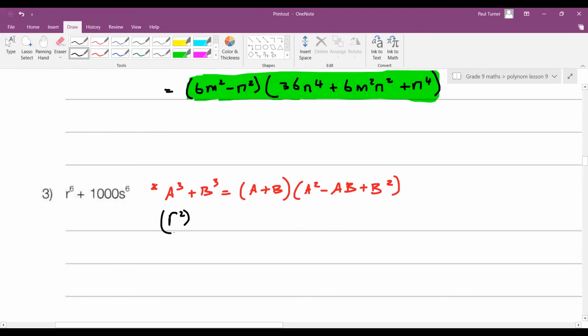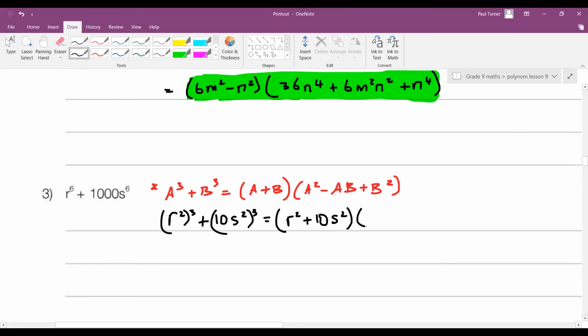So we'll change this to 5r squared cubed plus 10s squared cubed, like that. Okay, so that's your putting it into your sum of cubes. So now we have a plus b, 5r squared plus 10s squared.